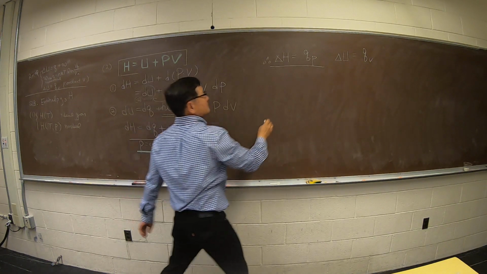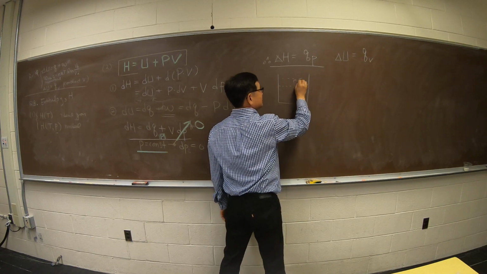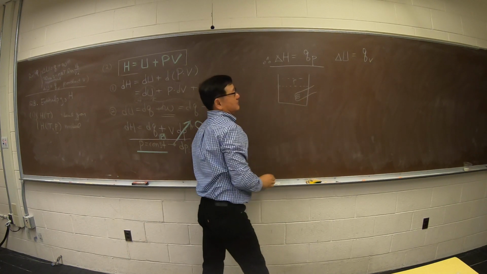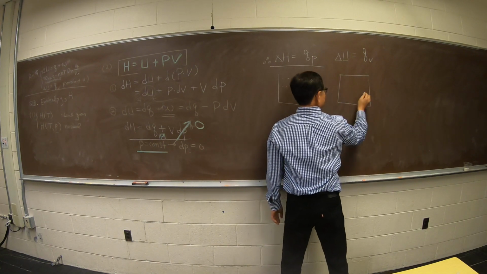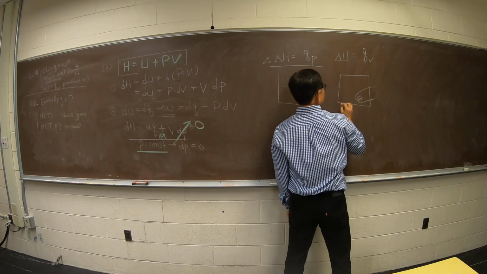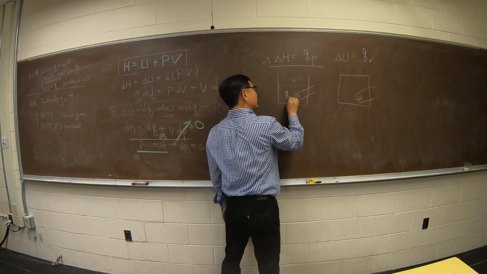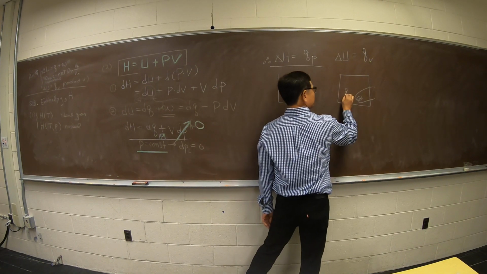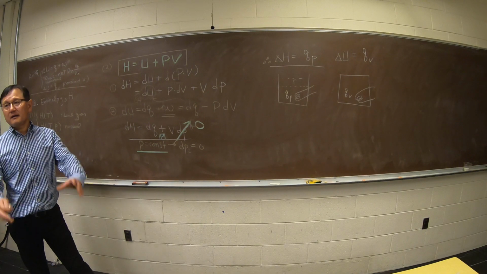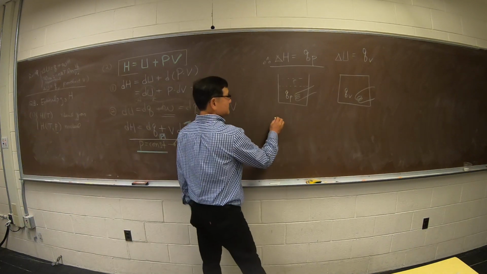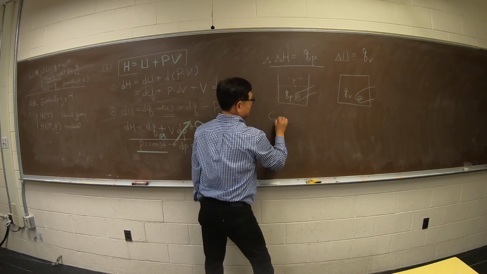So what that means is, if your system has a movable wall, something that can move up and down, and you apply heat, or if your system has a fixed wall and you apply heat, the heat supplied here is provided in the form of QP, whereas this is in the form of QV. So this is something that people can design and do experiments with. And so I can define my dH, and the CP here.